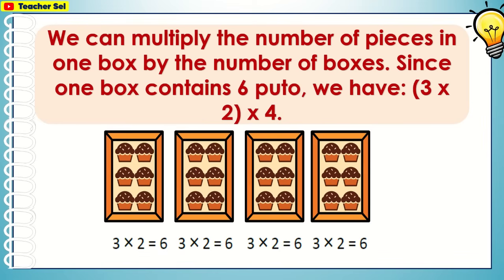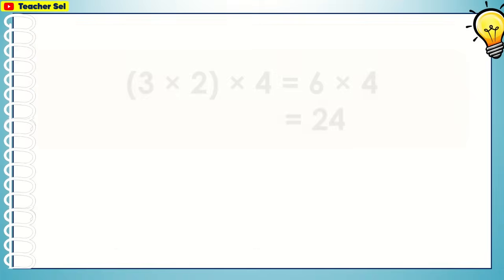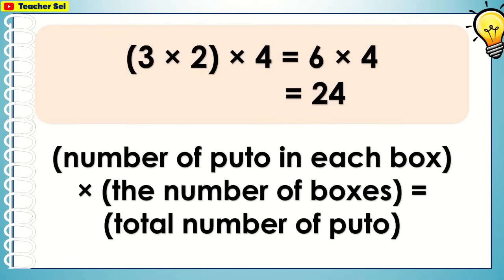Since one box contains 6 puto, we have (3 times 2) times 4 equals 6 times 4, which is equal to 24. Number of puto in each box times the number of boxes equals total number of puto.